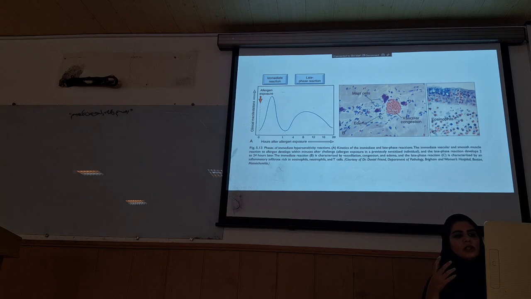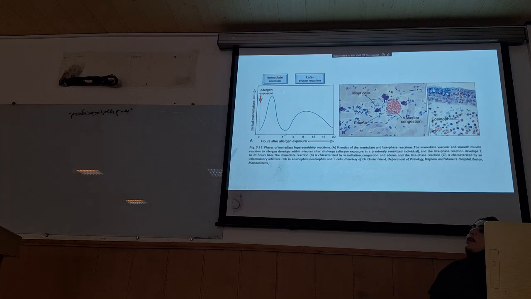If you have a tissue section from tissue which has undergone type 1 hypersensitivity, you can see many mast cells. A mast cell in the tissue is here, and you can see granules of the mast cells. They are very basophilic granules.